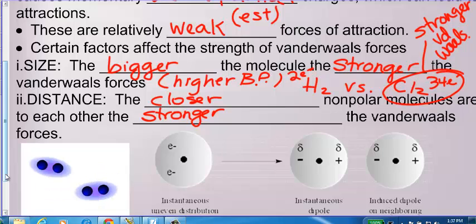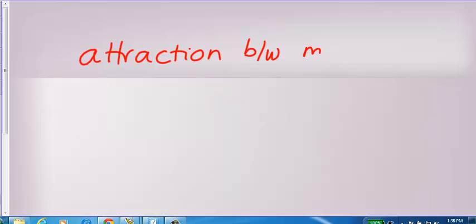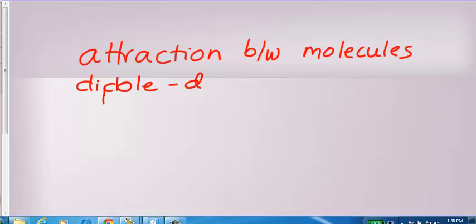So 4 different IMFs that we know about, attractions between molecules. If they ask you for an attraction between molecules, there are 4. I'll list them. You have your dipole-dipoles, those are between polar molecules.